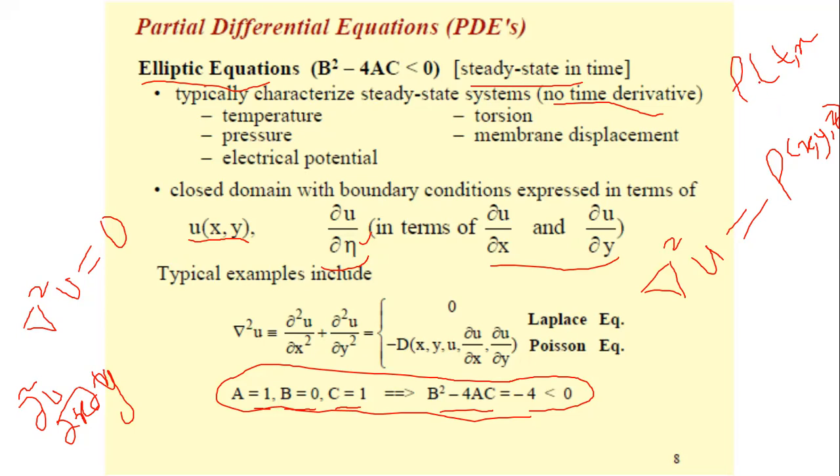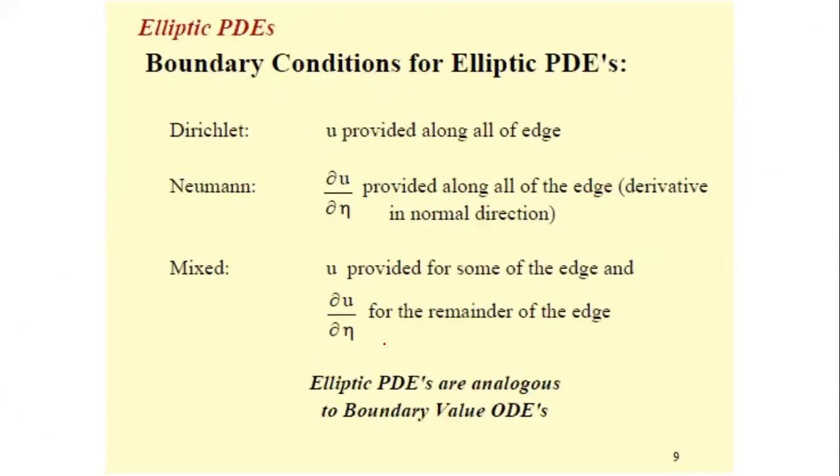Only if we consider static charge distribution, like rho as a function of x, y, z, then that is your elliptic equation, because you will just find the coefficients of del square u upon del x square, del square u upon del y square, and del square u upon del x del y. So that is b, and b square minus 4ac less than 0 is satisfied, which means Poisson's equation is also an elliptic partial differential equation.